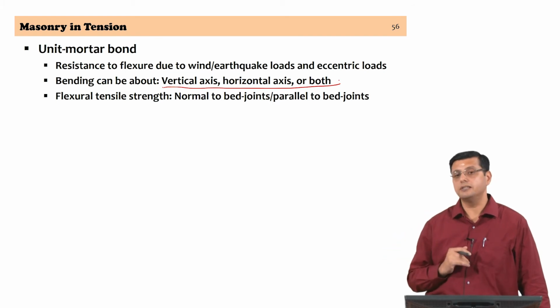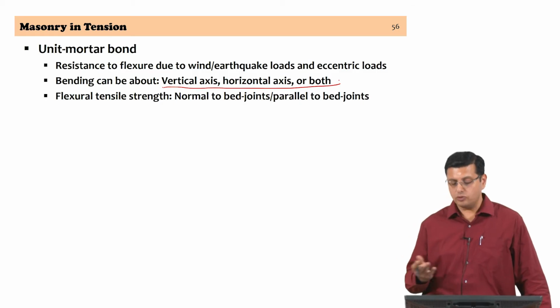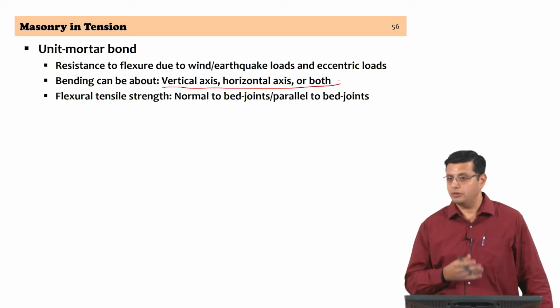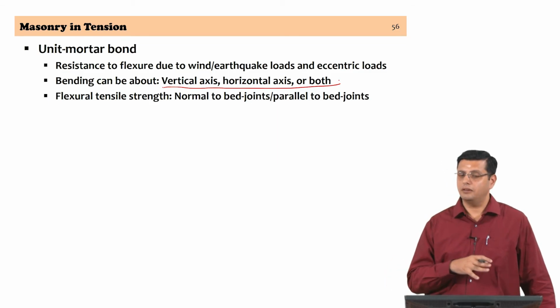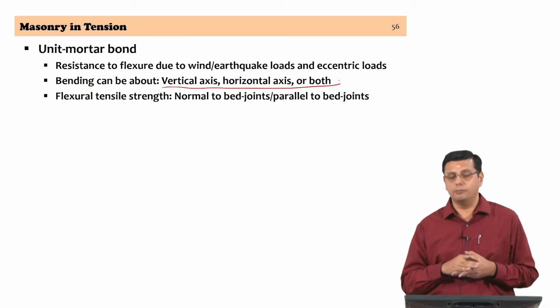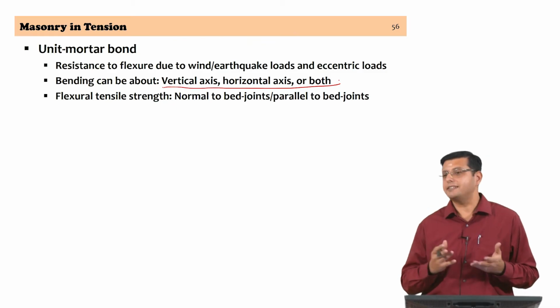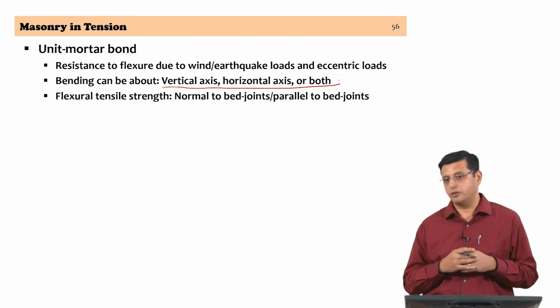So, you need both these estimates, and often you may be able to do a test to characterize one, and the other one, for the same material that the masonry is composed of, you can get an empirical correlation between the tensile strength parallel to the bed joint and tensile strength normal to the bed joint.